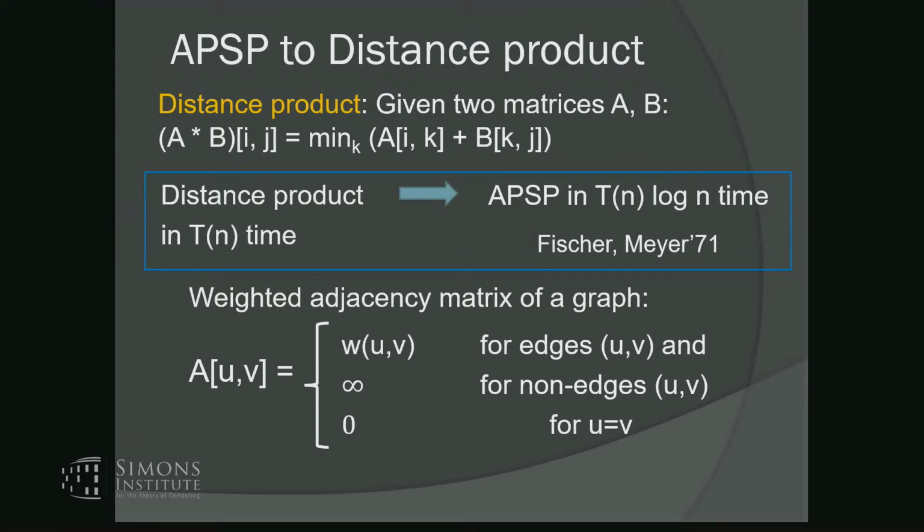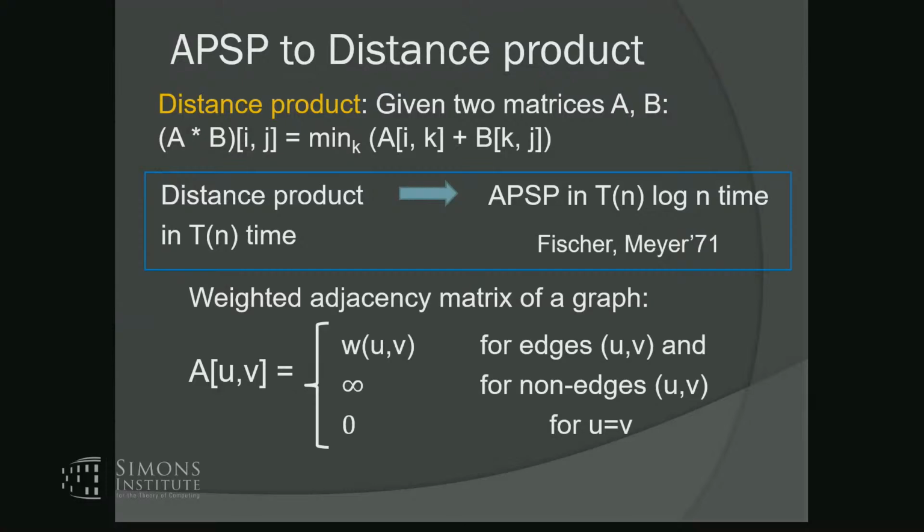Okay, thank you. Good. So we're given an arbitrary instance of all pairs shortest paths. We would like to convert it into an instance of the distance product. So we have our graph, we have all the weights on our graph. Now we're going to construct a matrix. This matrix in the UV entry is going to have the weight of the edge UV.